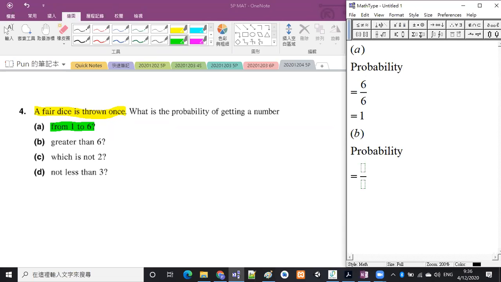it is still asking us to find the probability of getting a number greater than 6. But we are still doing the throwing fair dice one time.